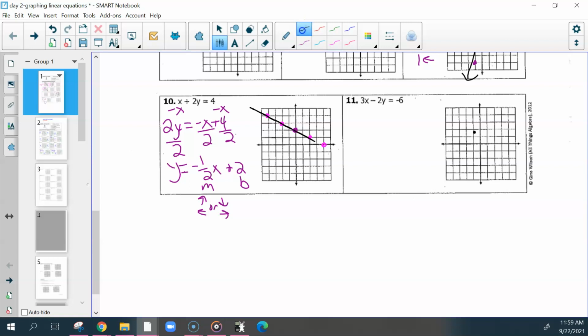And then connect those dots. The process is not really harder when you're converting, it's just more work. I'd say the hardest thing is making sure you're going in the right direction with your slope.